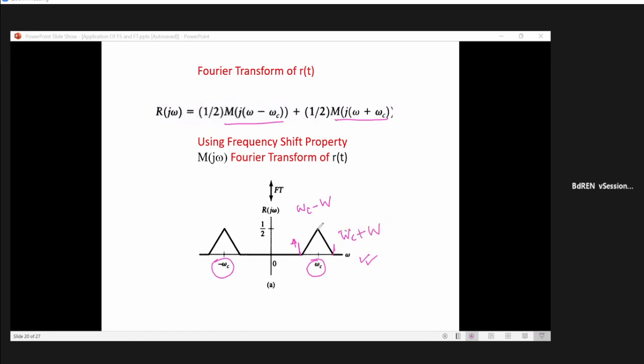So in general, what is the name of this type of modulation? We call it amplitude modulation, but in terms of frequency, it is also called what? Double sideband, isn't it? We have two sidebands appearing. One is called the lower sideband, LSB, and the other is called the upper sideband.